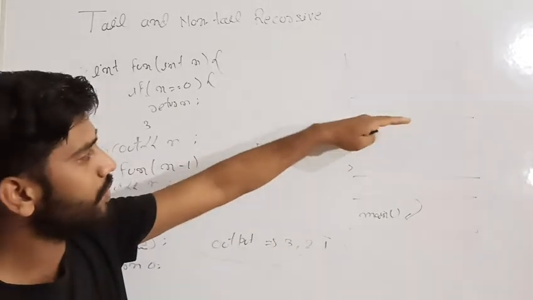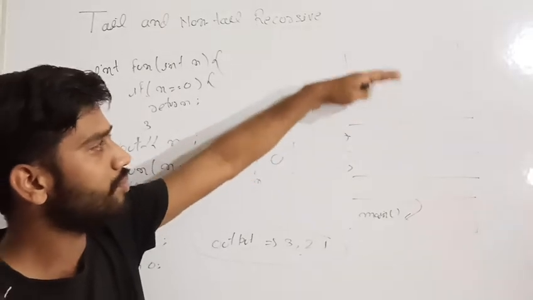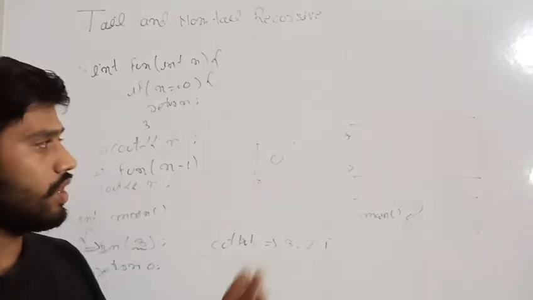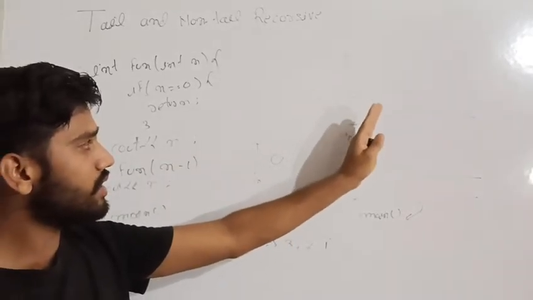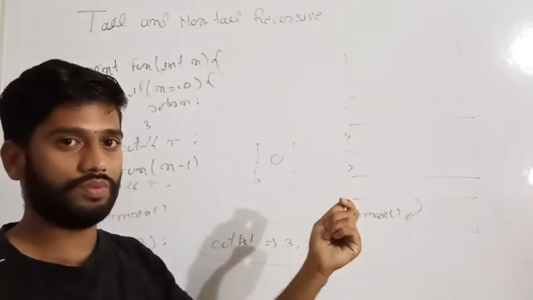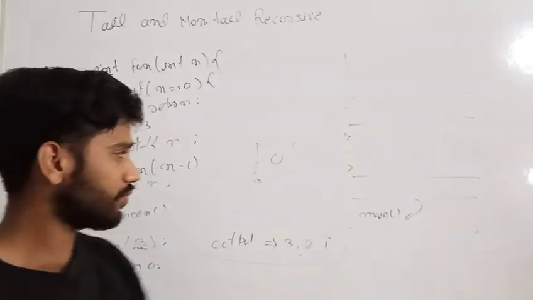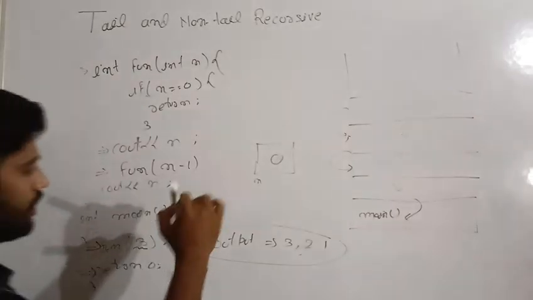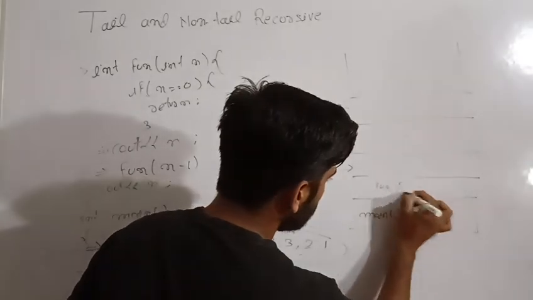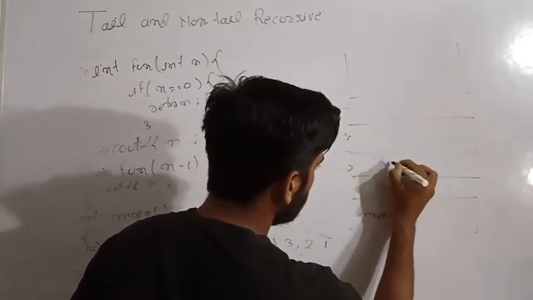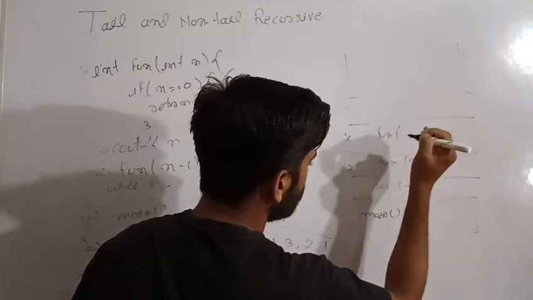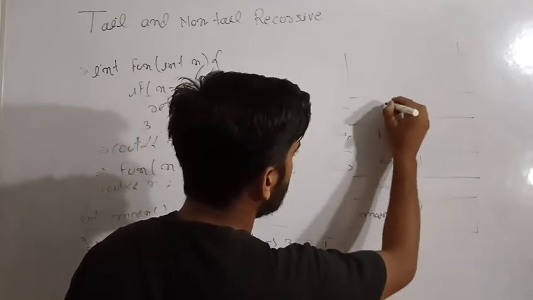In tail recursion we simply popped out the state, but in non-tail recursion we will store these and maintain the previously stored state.